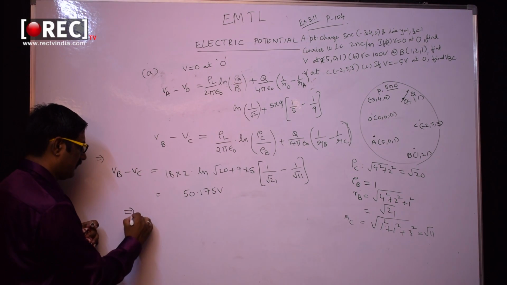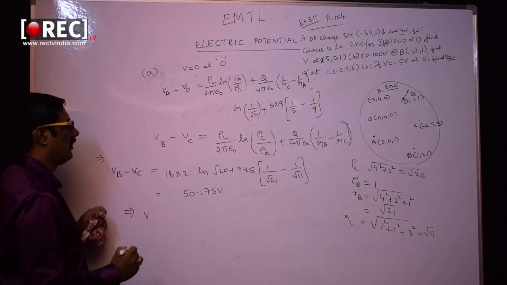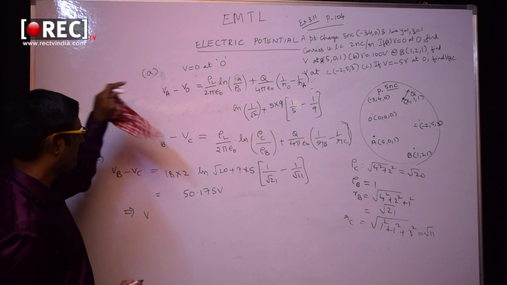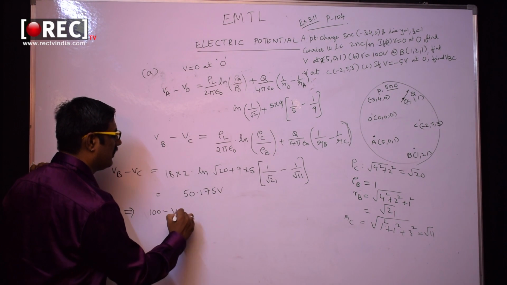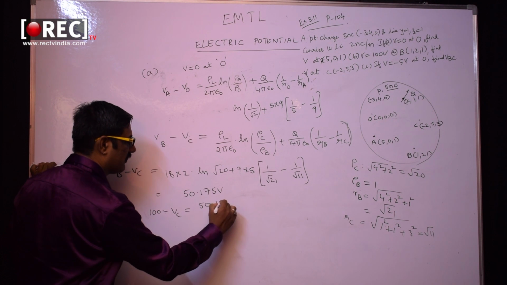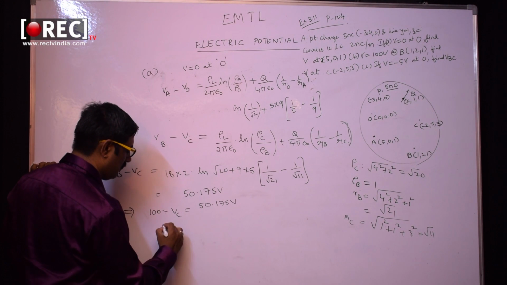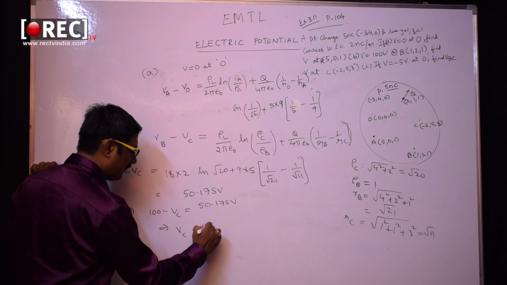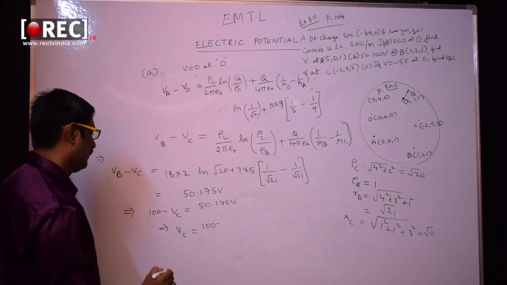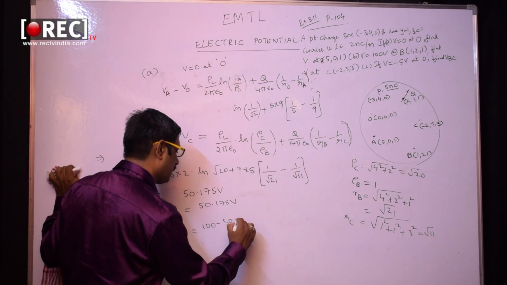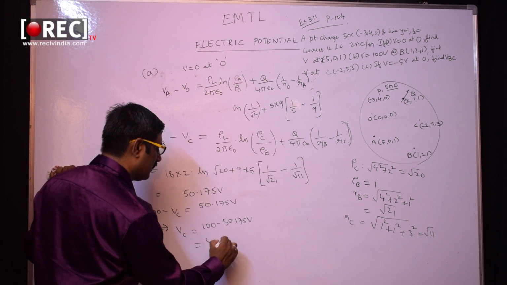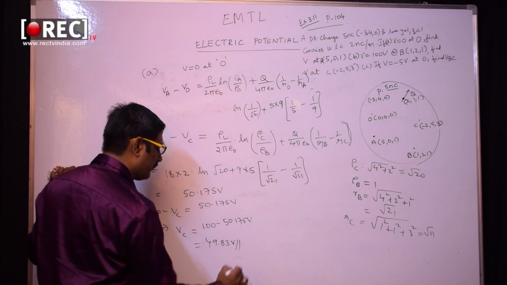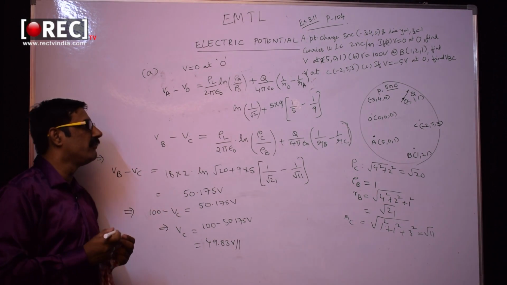From this, VB we know is 100. So 100 minus VC is equal to 50.175 volts. So VC would be 100 minus 50.175 volts, which is simply 49.83 volts. This is the final answer for VC.